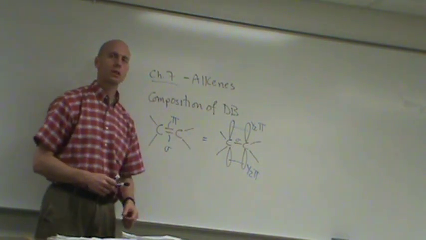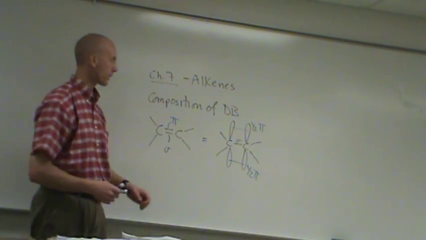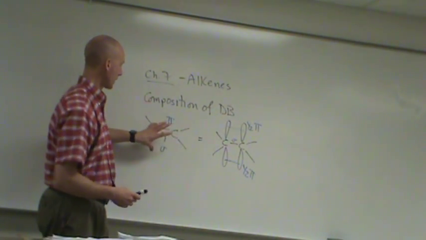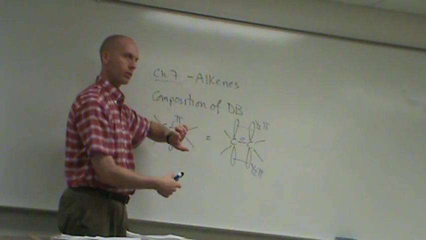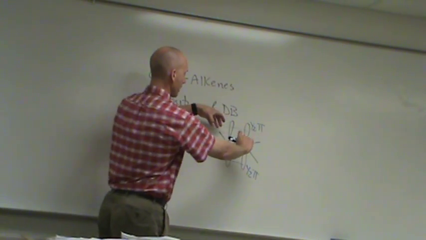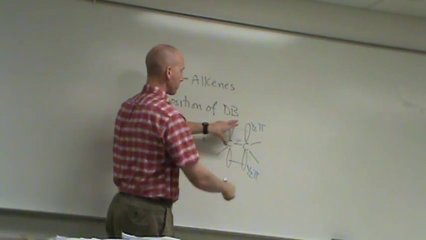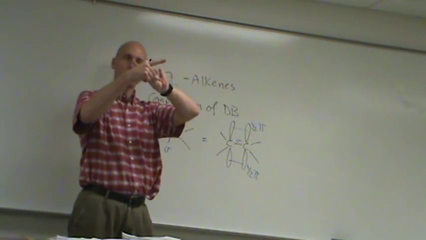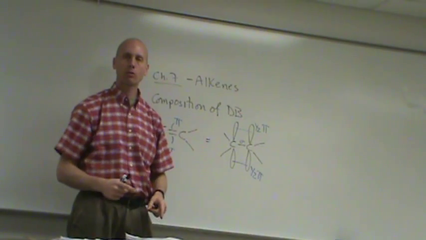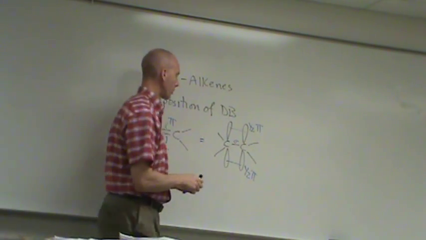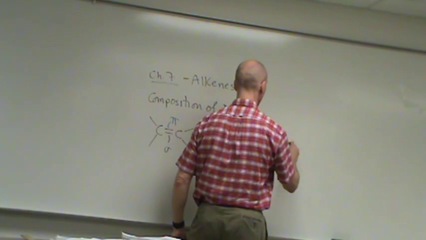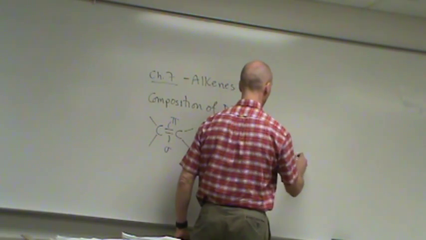One of the things you want to realize about the pi bond is that we can't rotate it. You see that? If I tried to rotate that bond, it would do what? It would break the pi bond. The two would not be overlapping anymore. So when you see a pi bond, there's no rotation.